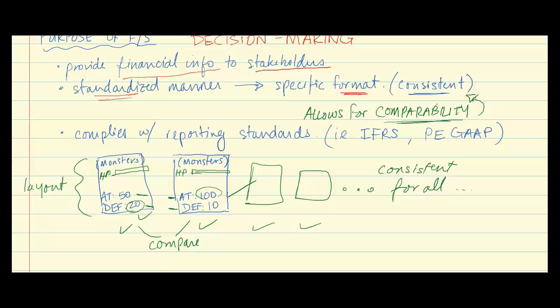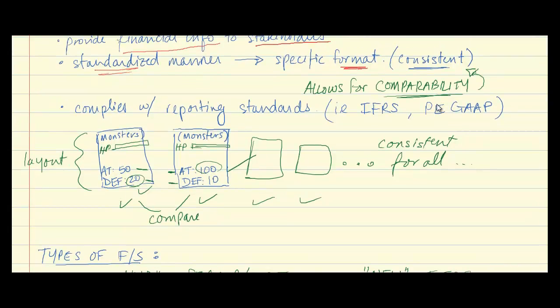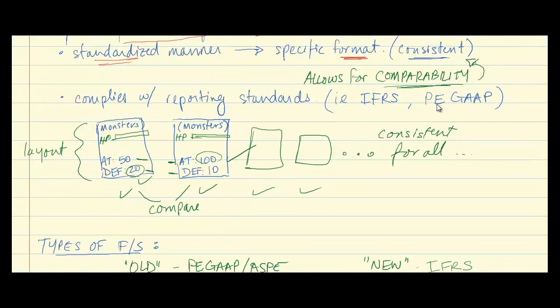If I have it in one format in one year and a different format in another year, then how do I compare it between those 2 years? So we have to maintain a specific format that is prescribed by accounting standards. We have specific accounting reporting standards that we look at.